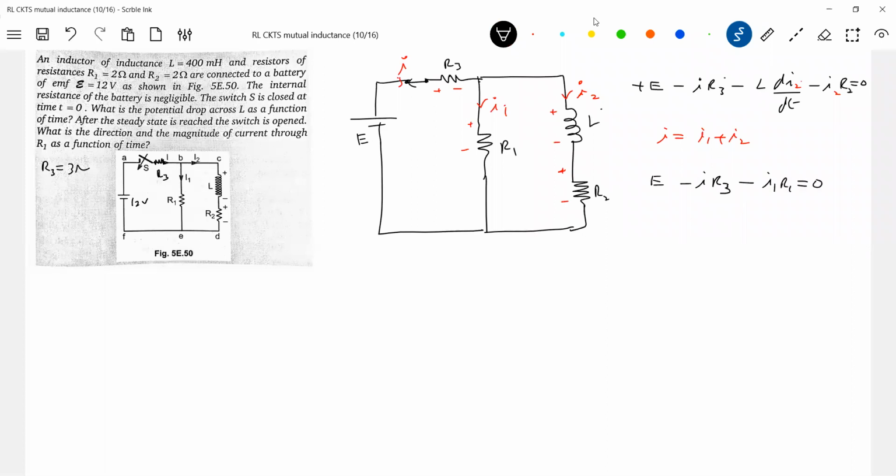I'll solve for I1 in terms of I minus I2, then I'll get an expression for I in terms of I2. That I'm going to substitute here. So this should be E minus IR3, I1 will be, minus IR1 plus I2R1 equal to 0.